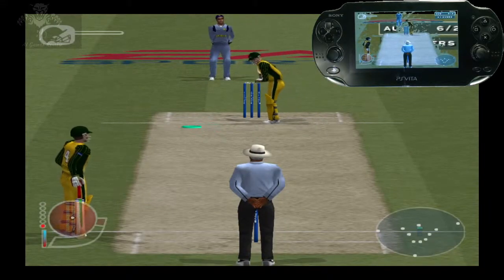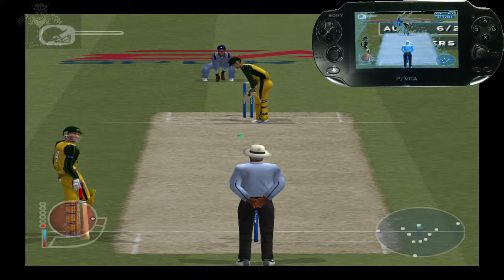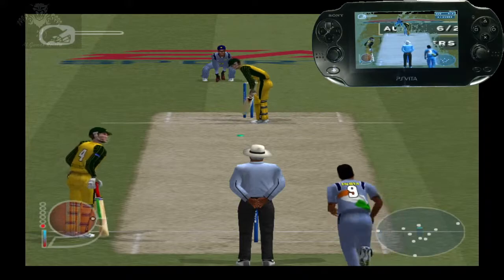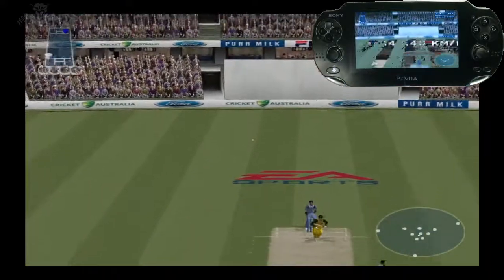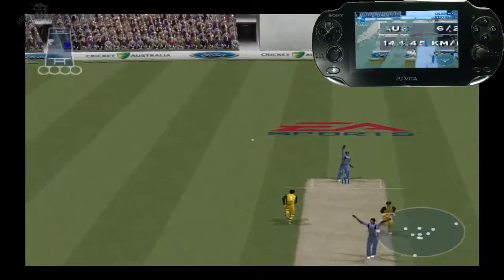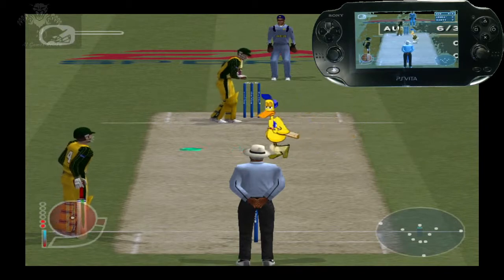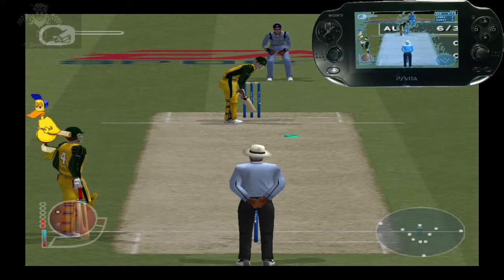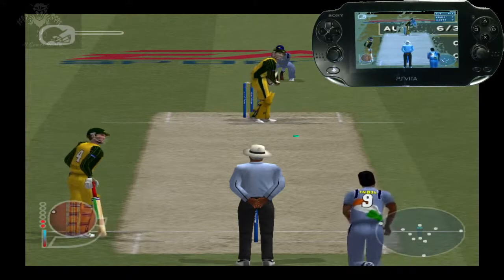Khan continues. It's high in the air. Run! Mongia is underneath it and takes it comfortably. Lehman waiting at the striker's end. A slight fumble, but safely taken in the end. And safe. Khan gets his second wicket.